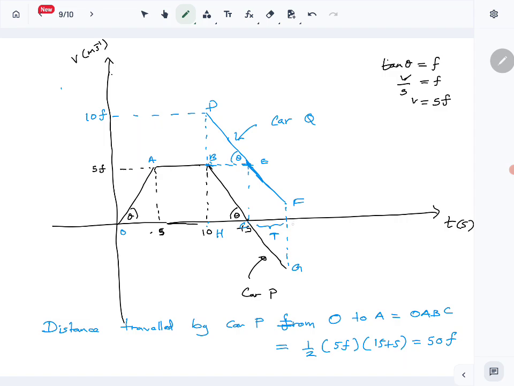CEFI. So that is this amount. That is car Q's area, or car Q's distance traveled from 15 seconds until they meet.